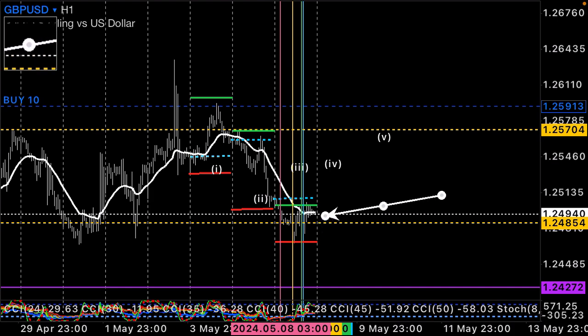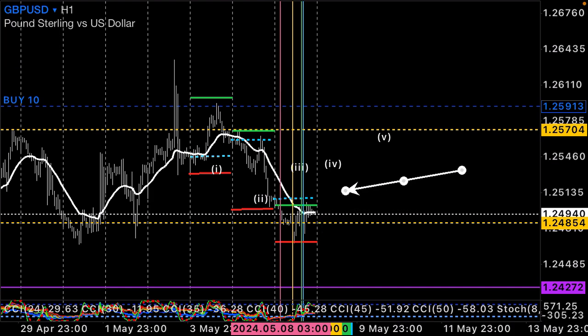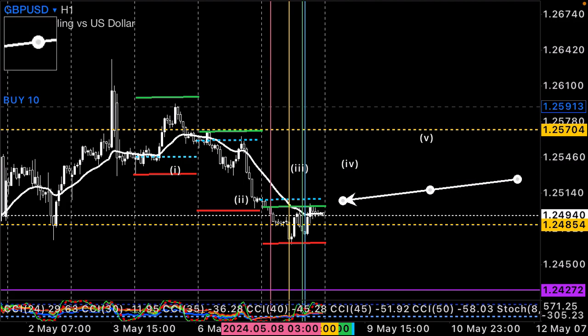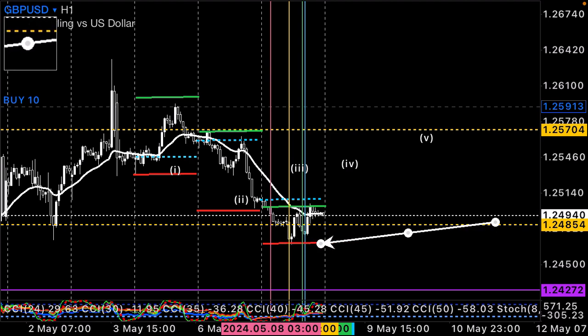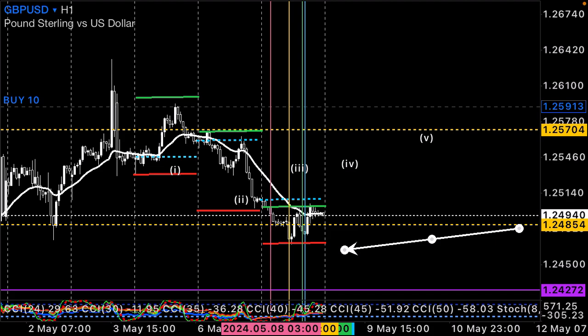So if traders are wanting to go long here, then they're putting in their trades and they're putting their stop losses above the low, because that's where retail traders and smaller bankers, that's the training that they receive when they first learn how to trade the financial markets.